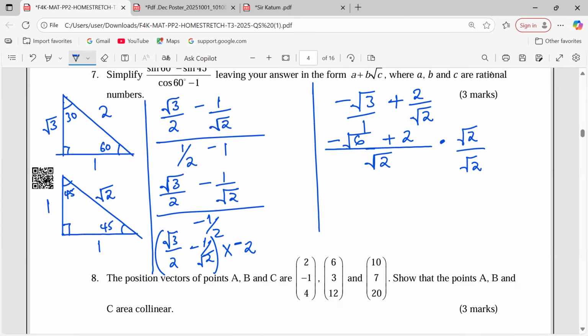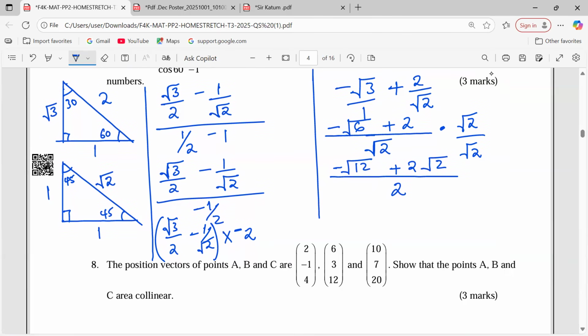Because whenever you are simplifying surd, the objective is to ensure that the denominator is rationalized. So on the denominator, we shall have the root of 4, which is 2. Then from the numerator, we shall be having negative root of 12 plus 2, the root of 2, like that.